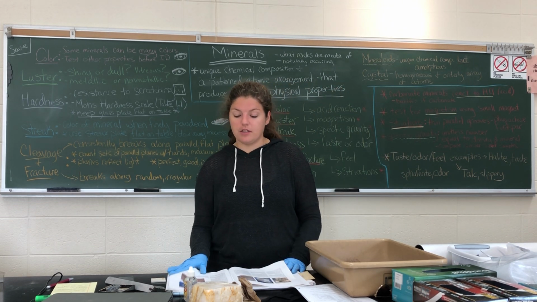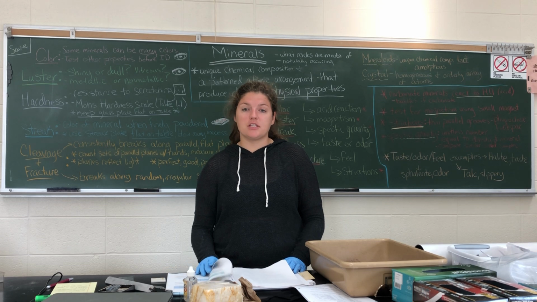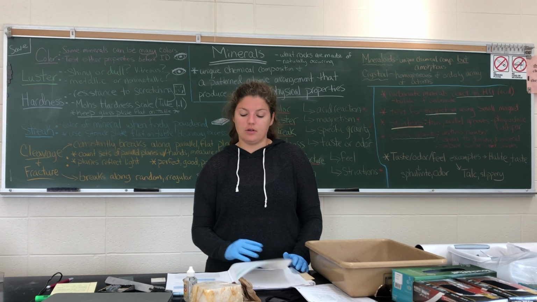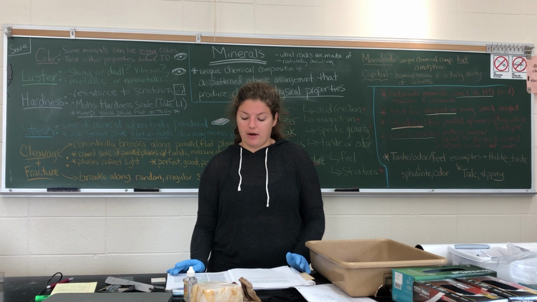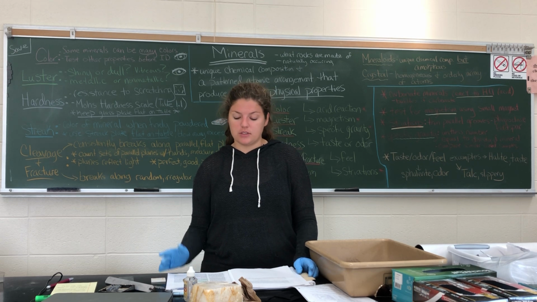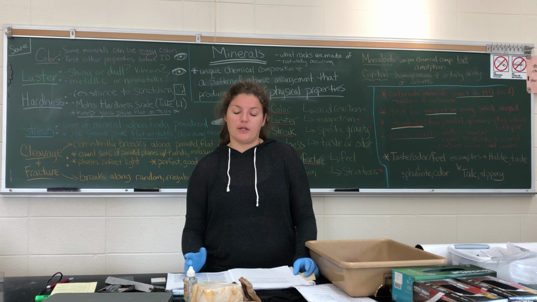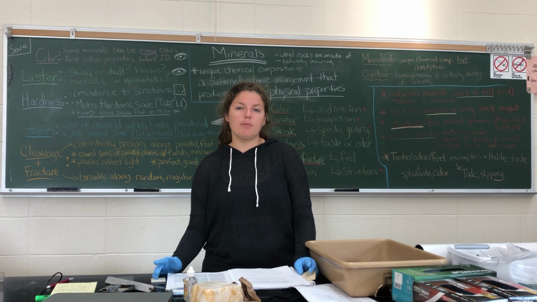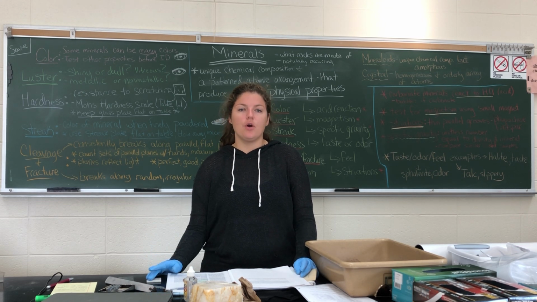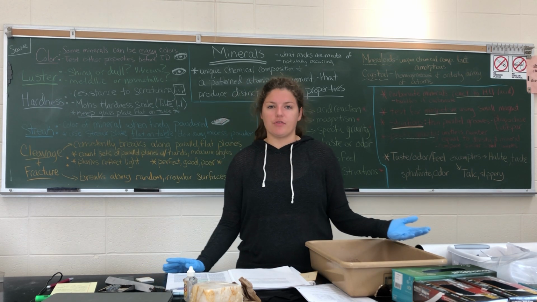I'd like you guys to read through pages 17 to 31 on your own. That's going to talk to you about different rock-forming minerals, different accessory minerals, and a few ore minerals. Rock-forming minerals are the most common minerals we see on Earth today. They're what make up the majority of the rocks on the Earth.